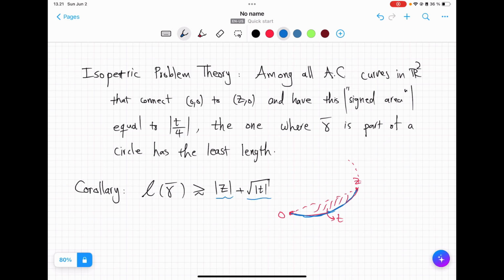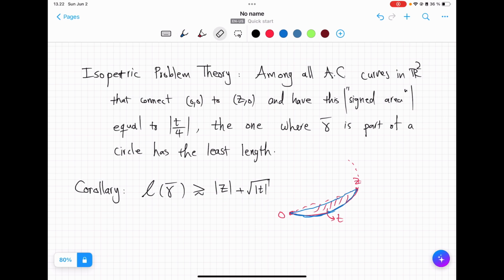So obviously it should depend on z as well, because what if t is almost 0? Then you will take basically this straight line itself. And then you cannot, of course, have 0 on this side, because you still need to travel from 0 to z, which amounts to this much.